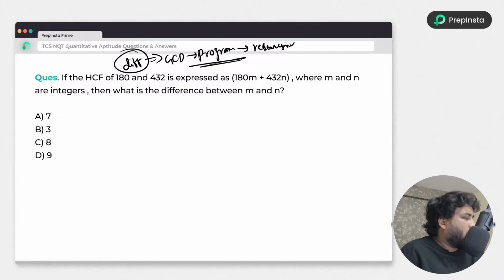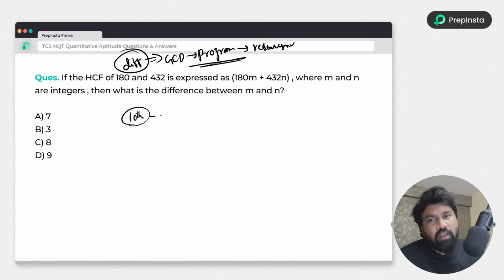Mistake, don't apply after 15. My suggestion is apply before 10th. Why? Because if something happens technically, for example, you didn't get the drive update, or you are unable to get the option to apply for the drive, you can talk to the TCS team, mail them, and they can respond in 1 or 2 days. So these discussions will go on, right?